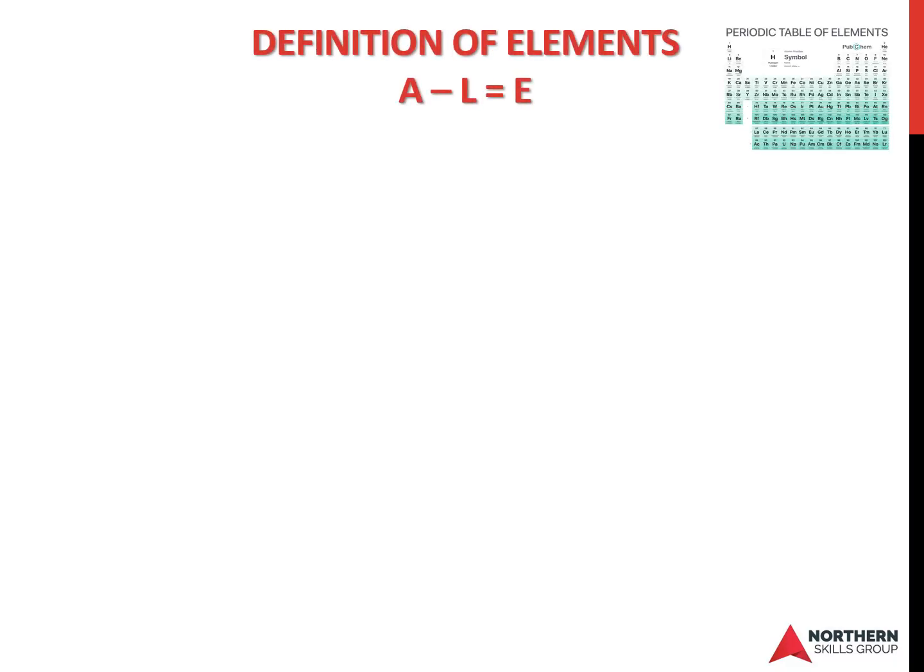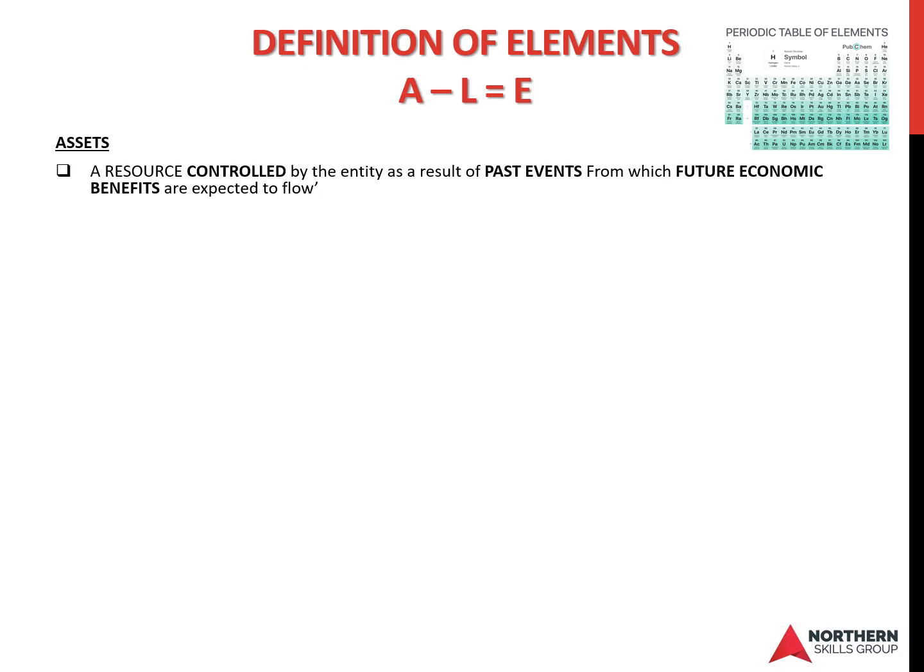The other very important thing that's contained in the conceptual framework are definitions of the elements of financial statements. And remember, we've got 5 of those. Assets. Remember, the definition doesn't require ownership, only control.